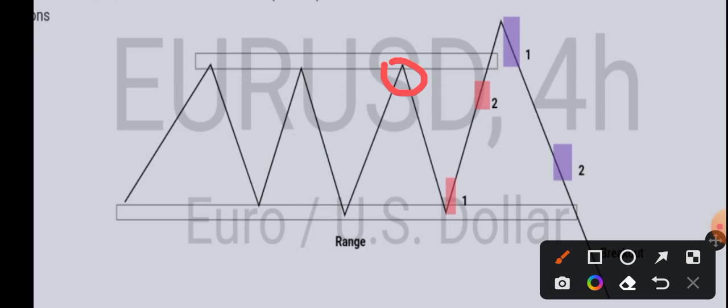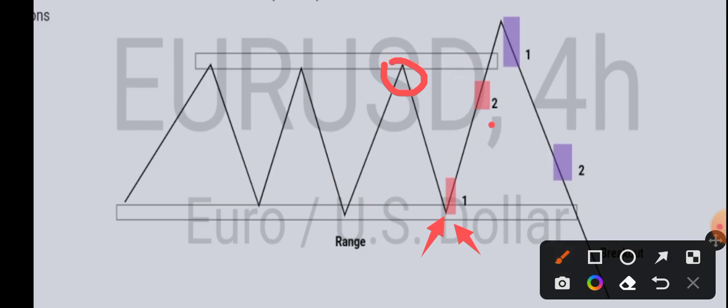The first zone is the range that took liquidity. It was because of this range there was momentum to take price up and take liquidity here. Then the second zone is the range that caused the BOS.